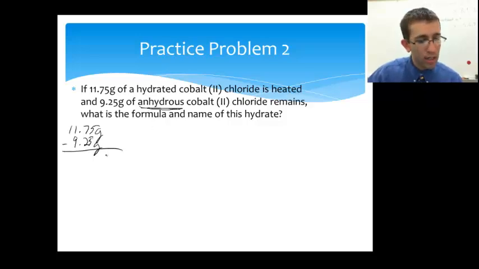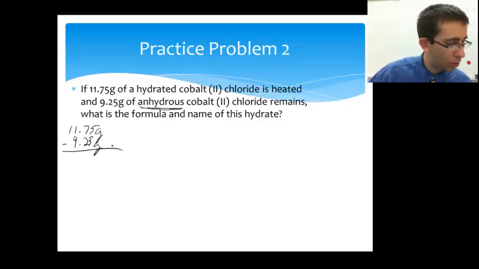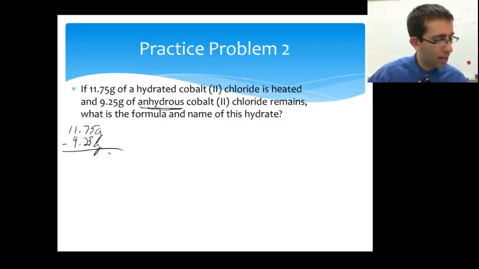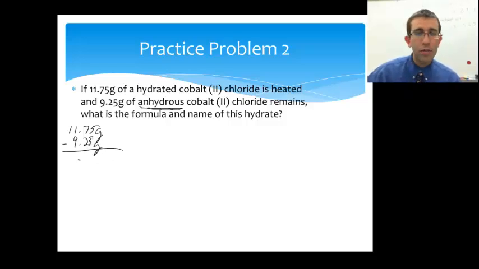Okay? So we're going to get 11.75 minus 9.25. I don't probably need to do this in my calculator, but whatever. And you get 2.50 grams. This is your mass of H2O.